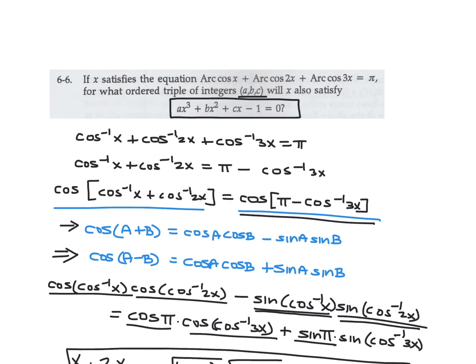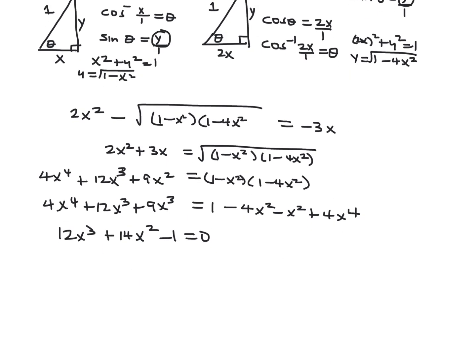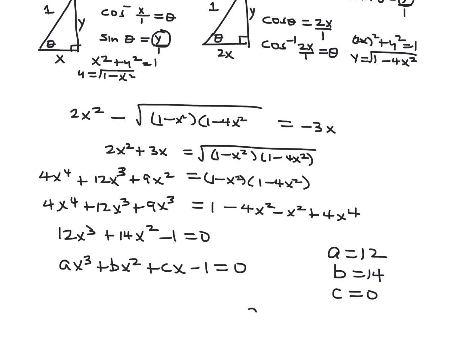So let's compare that: ax cubed plus bx squared plus cx minus 1 is 0. So comparing coefficients, it looks to me like a is 12, b is 14, and there is no coefficient for x, so that means c would be 0. So therefore, a, b, c, that triple is 12, 14, 0.